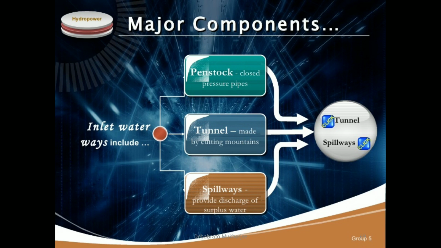But in a hydropower plant, the tunnels are a little bit smaller, and they are used so that the penstock pipes are installed there, and other natural hazards cannot damage those pipes.